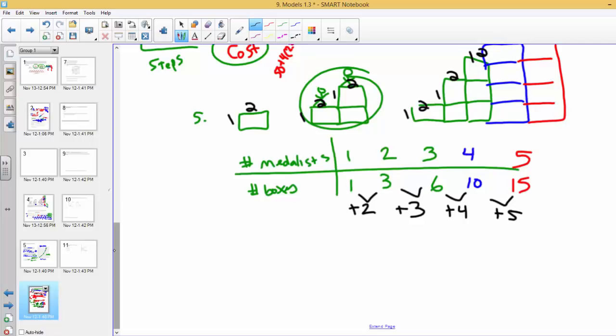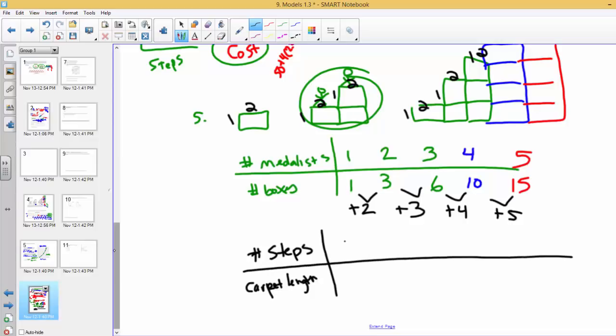So we have number of steps and carpet length. So for one step, you have 1 plus 2, which is 3 feet of carpet needed.